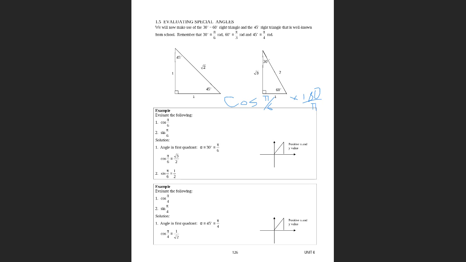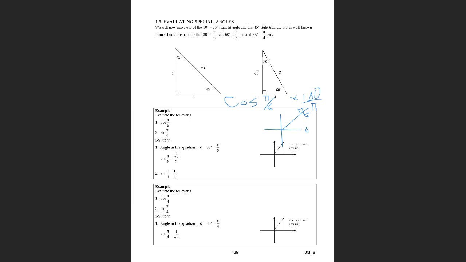If we want to find the reference angle, pi over 6 is in the first quadrant, so we have pi over 6 here. The reference angle is the angle subtracted from the closest x-axis, which here is 0.